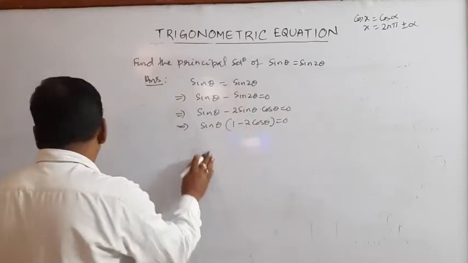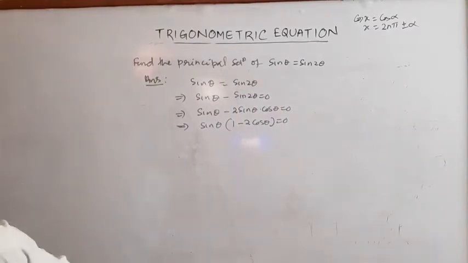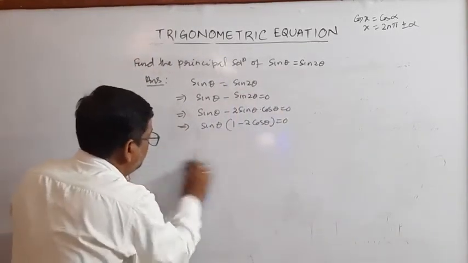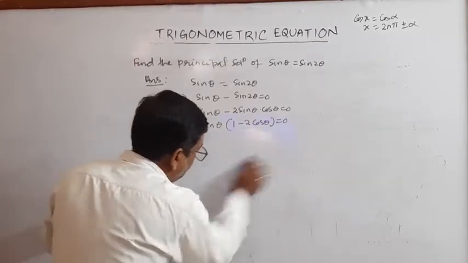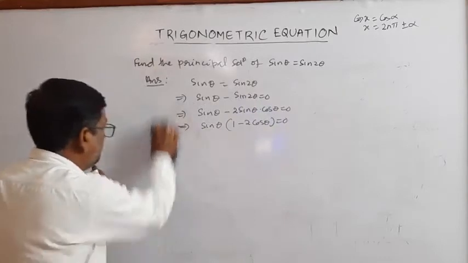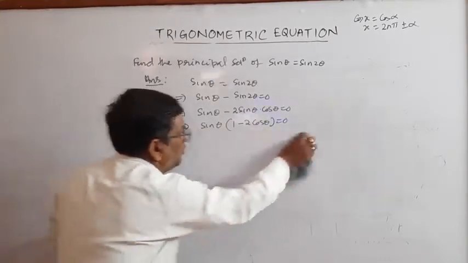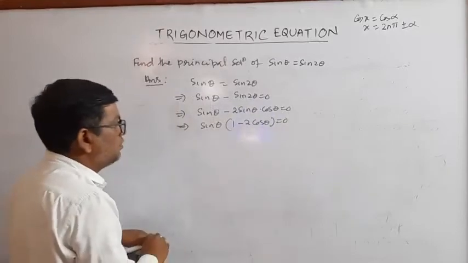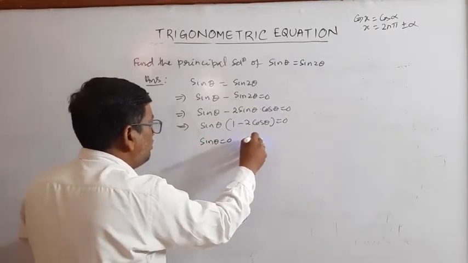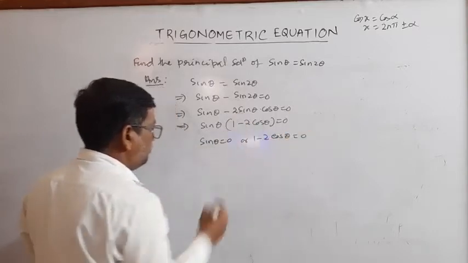So sin theta is equal to 0, or 1 minus 2 cos theta is equal to 0.